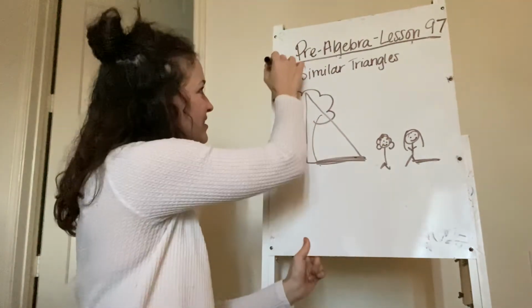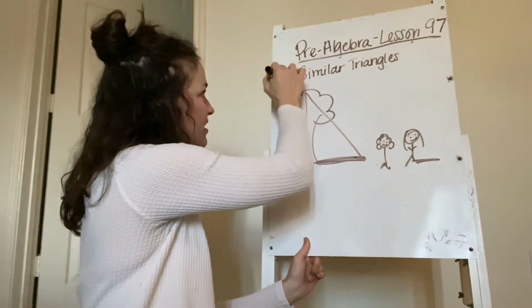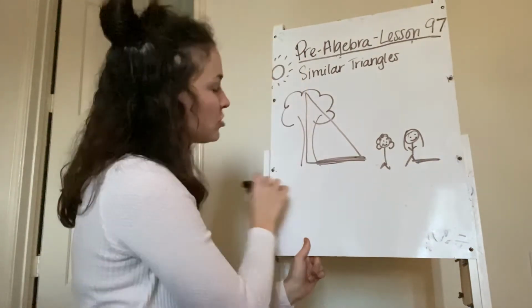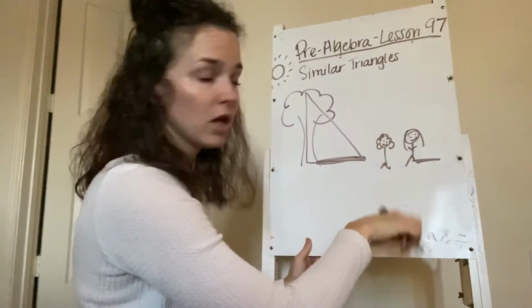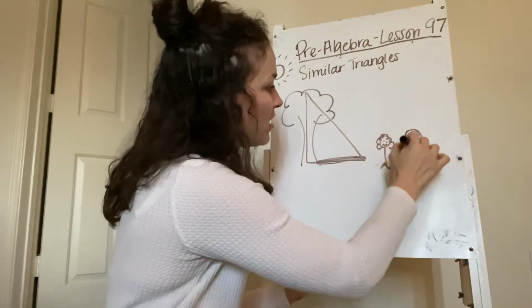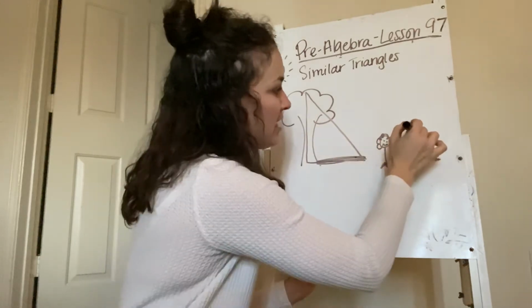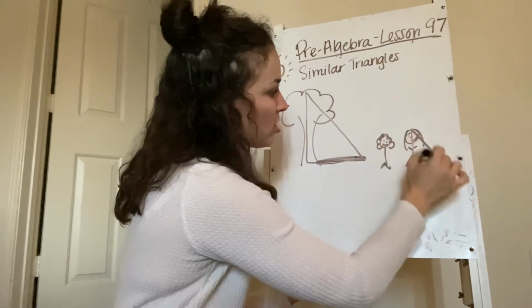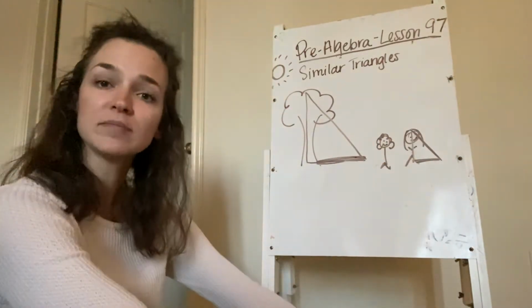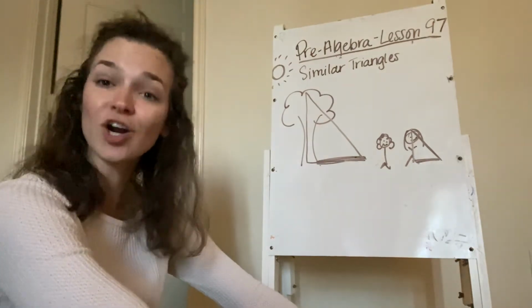So because the sun is hitting both her and the tree from the same angle, that means that the triangle formed from the height of the tree and the shadow is going to be similar to the triangle formed by her height and her shadow.